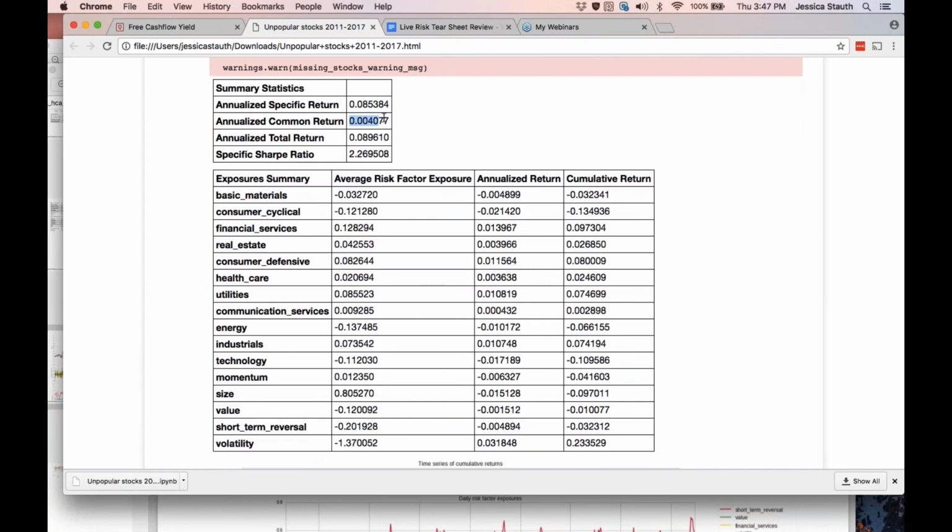We don't have a whole bunch of returns attributed to the risk model. And then again, we have this nice consistency where the Sharpe of the specific returns time series is up above 2. So that definitely looks nice. If we look down through this table and start scanning for the biggest numbers, okay, there's a little bit of financial services exposure, but really the one that leaps out is a big negative volatility exposure and then a little bit of negative short-term reversal.